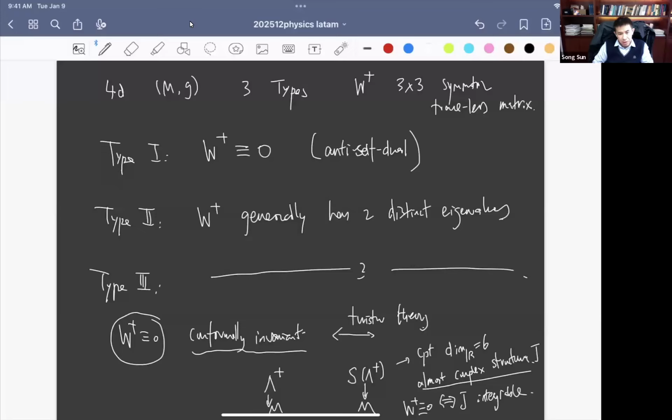For example, there are many results. You can interpret results between these. So Taubes proved that any finitely generated group is a fundamental group of a 4-dimensional anti-self-dual manifold, and then correspondingly, it can be the fundamental group of a 3-dimensional complex manifold.